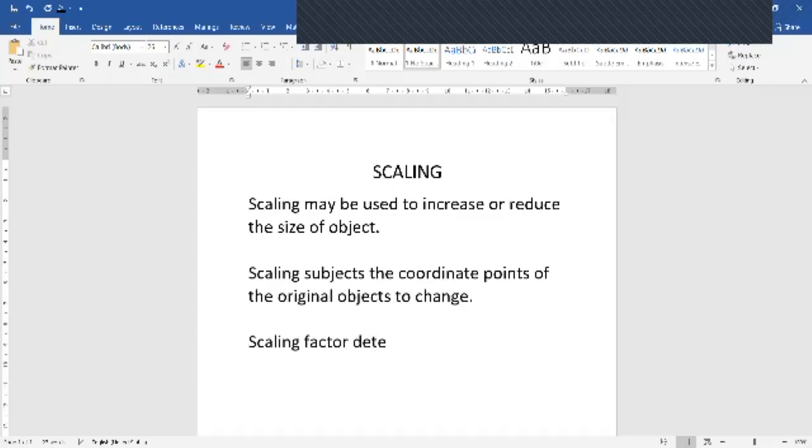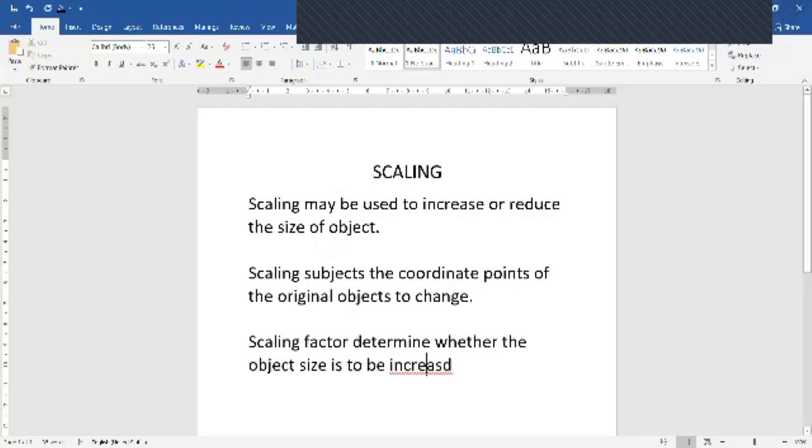So the scaling factor determines whether the object size is to be increased or reduced. This is decided by the scaling factor.